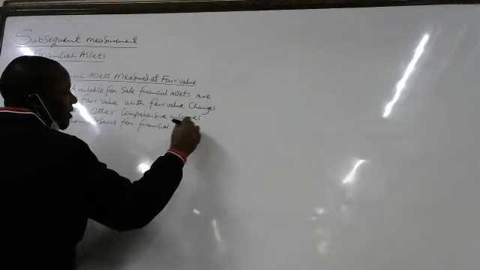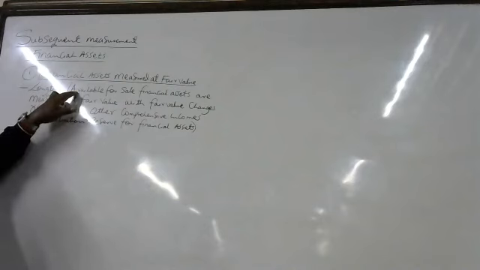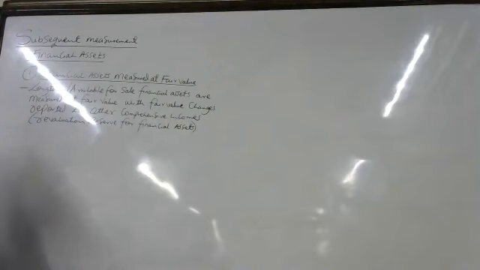You note that it is the entity that classifies them. That is, there are those designated to be measured at fair value. Then the issue is, are they long-term? Those long-term financial assets are also referred to as available for sale financial assets.